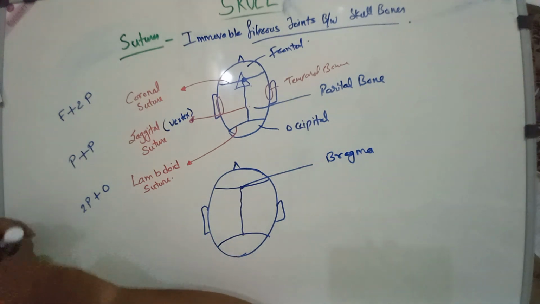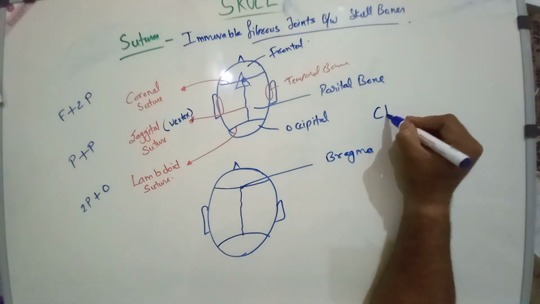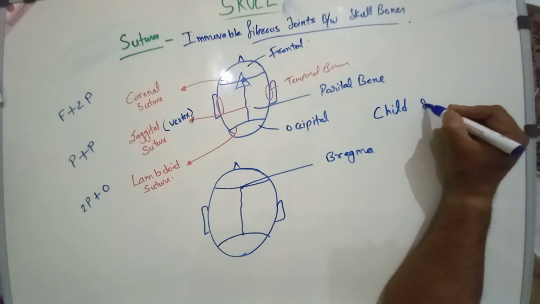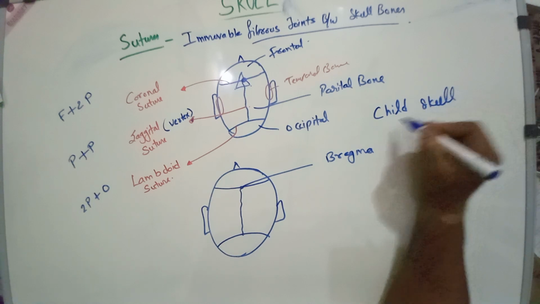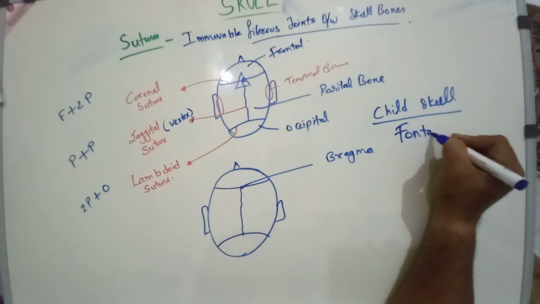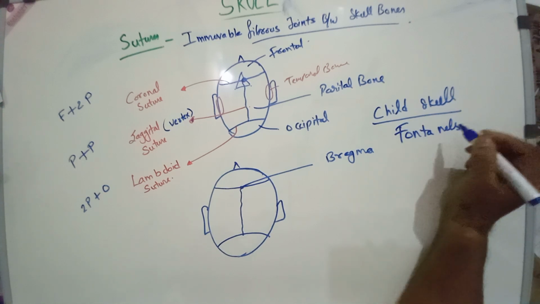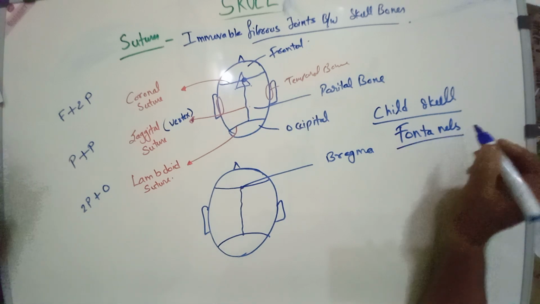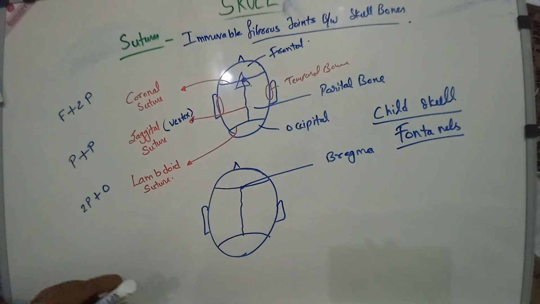Now we are discussing the child skull. In the child skull there are sutures also, but there are fontanelles. What is the meaning of fontanelles? Write a definition.